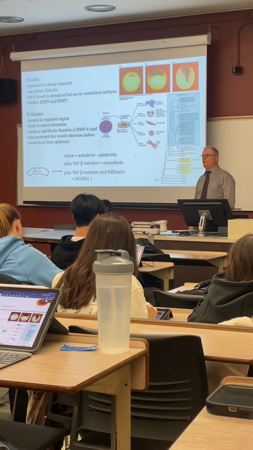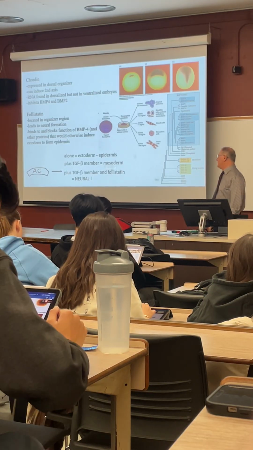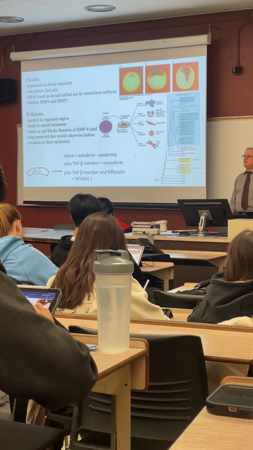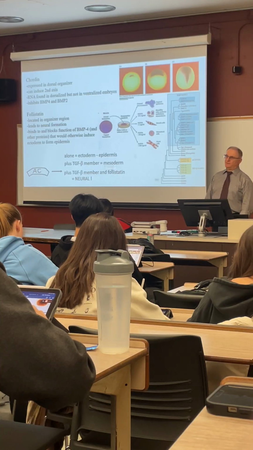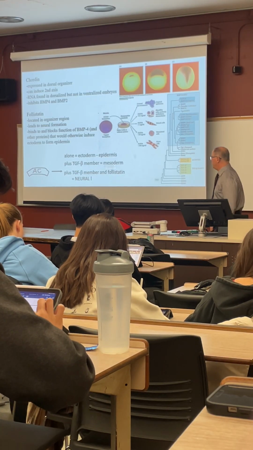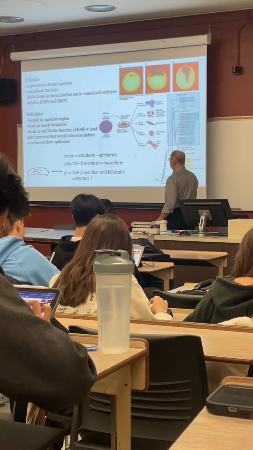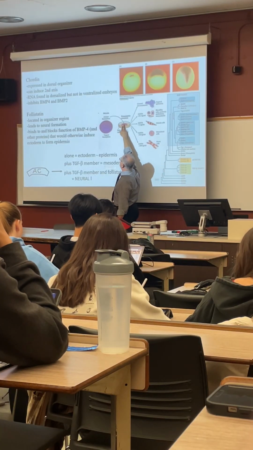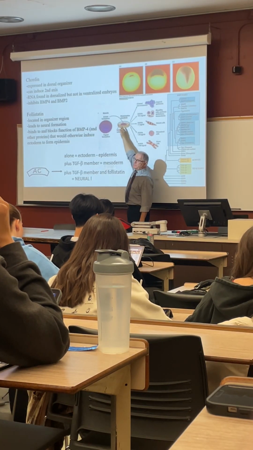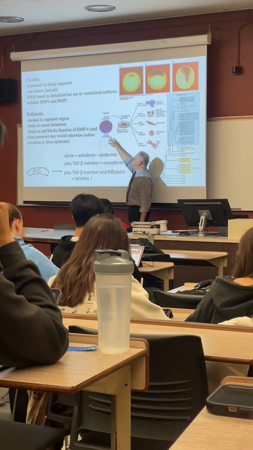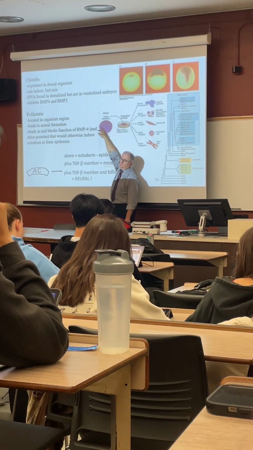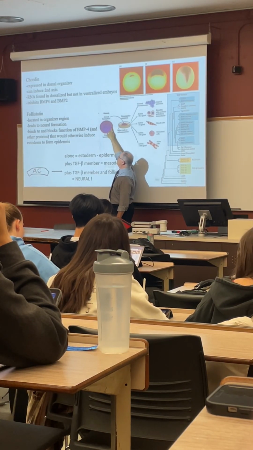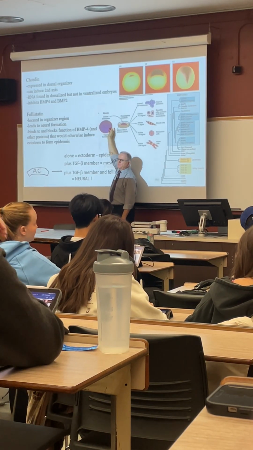And why is that important? Well, it turns out that BMP is signaling from the ventral side. When you take an animal cap and it forms epidermis, if you don't treat it, the reason it's doing that is because BMP is signaling. On the dorsal side you have all these molecules in the dorsal organizer.